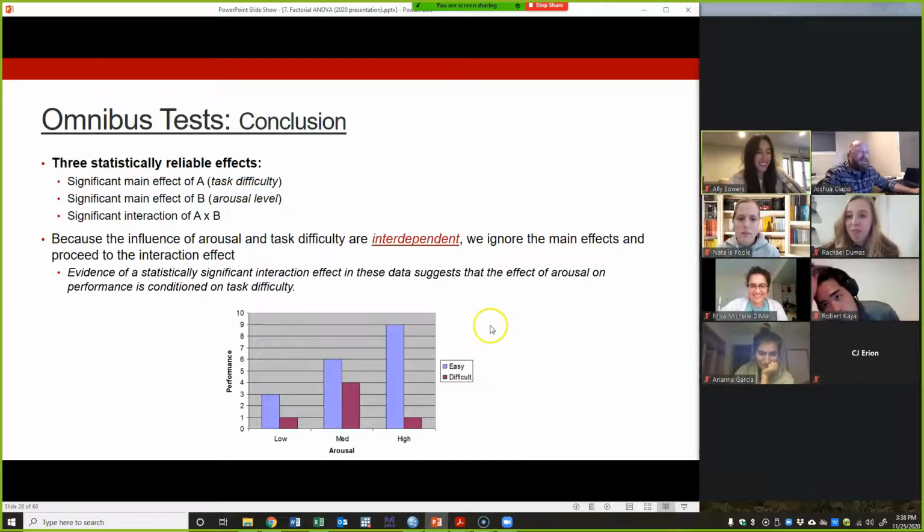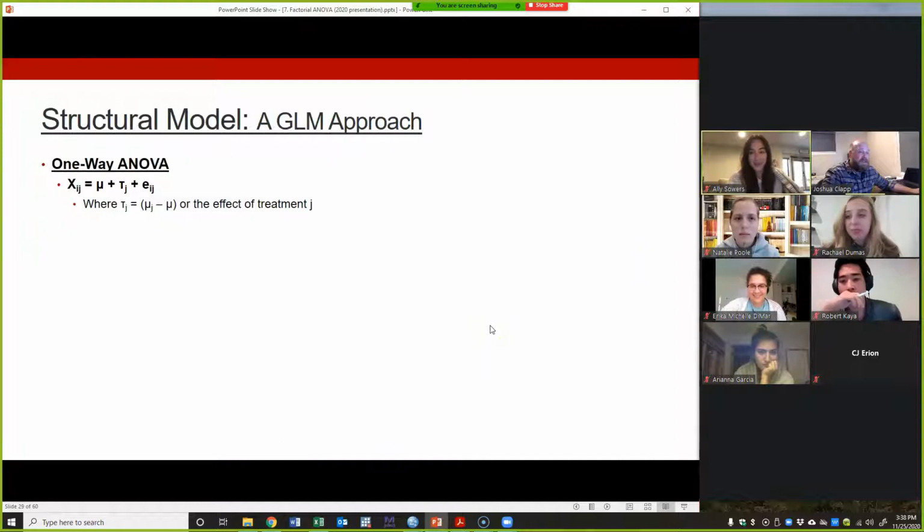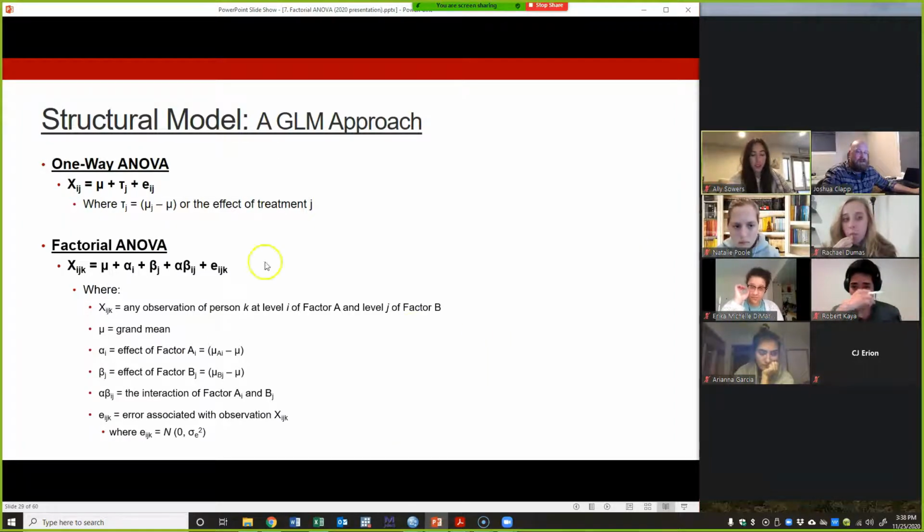All right. Talk about our omnibus tests. This is the general model, a different way of thinking about things. Again, this is just a GLM, a linear model approach, thinking about the prediction of the score for person K at level I of factor A and level J of factor B as associated with some sort of grand mean where we start out, plus an adjustment for the level of factor A, plus an adjustment for factor B, plus the interaction, plus some error term.